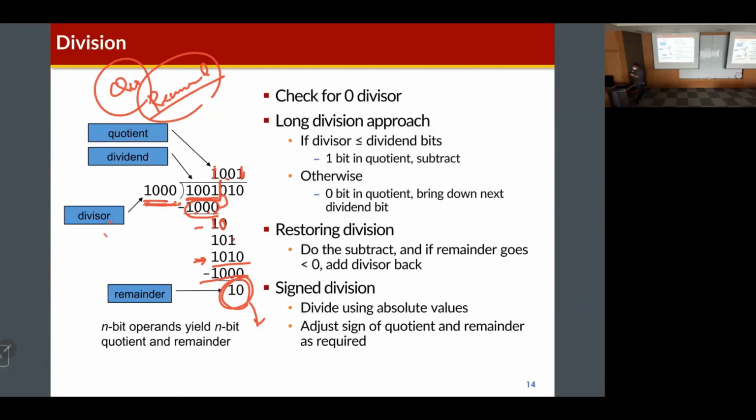It's the same as the decimal number actually, but it's not easy to implement a fast divider. Why? When I explained the division, I said compare, and then if the dividend is larger than the divisor, then subtract. And if not, the subtraction is not performed.